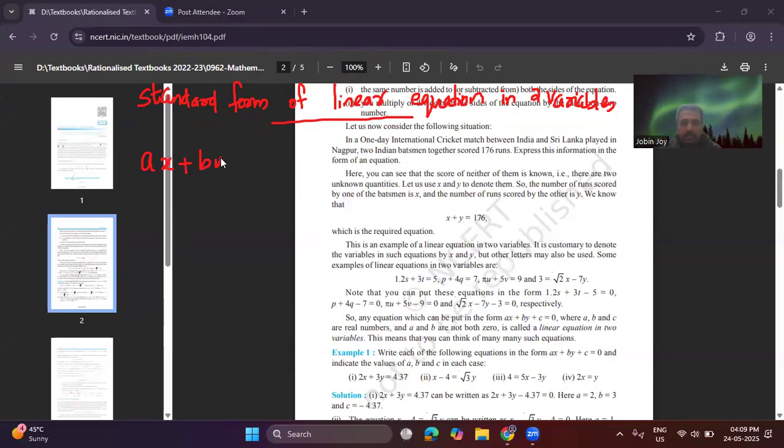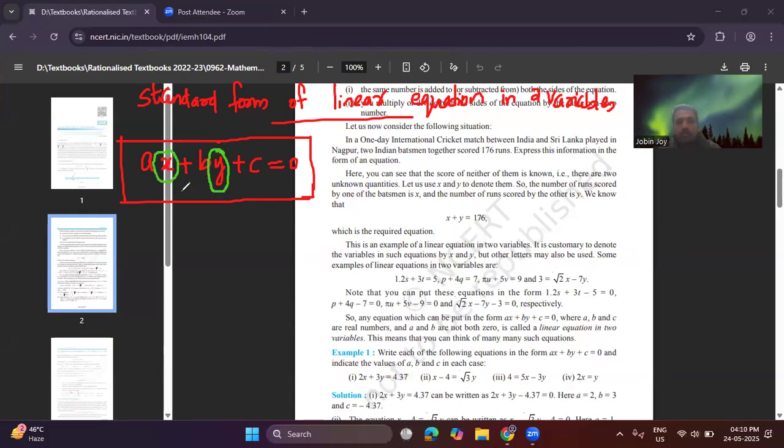Ax plus by plus c is equal to 0. This is the standard form of a linear equation in two variables. And from this equation, you can see there are two variables, x and y. And we have conditions a, comma b not equal to 0.